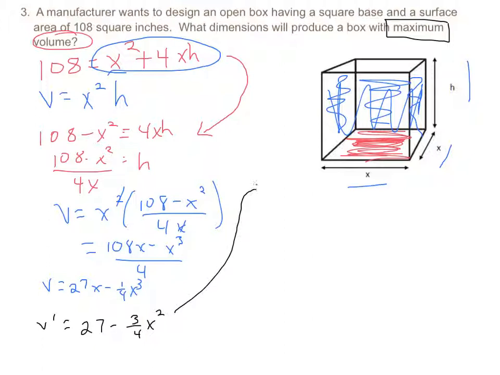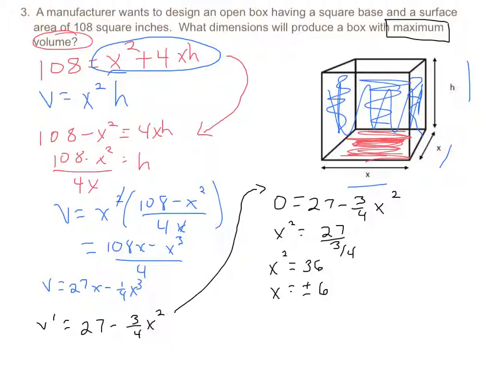I'm going to bring it up here. So 0 equals 27 minus 3/4 x squared. So then x squared will equal 27 divided by 3/4, and so x squared equals 36 when you work that out, and x is plus or minus 6.